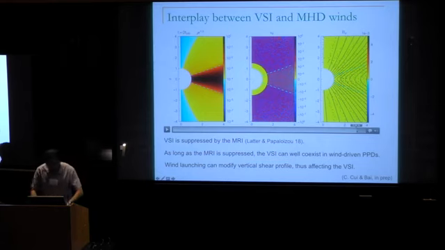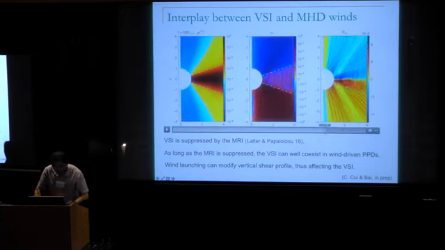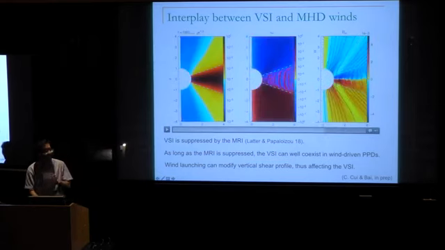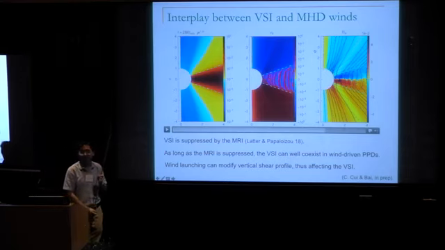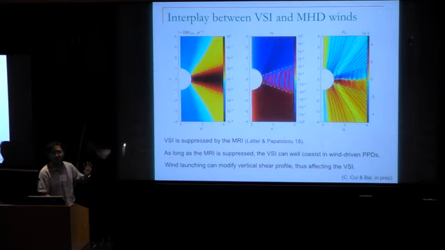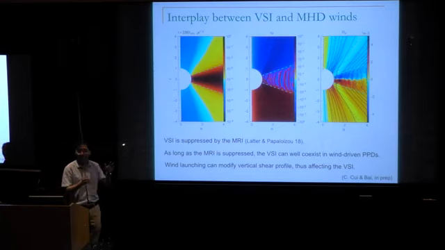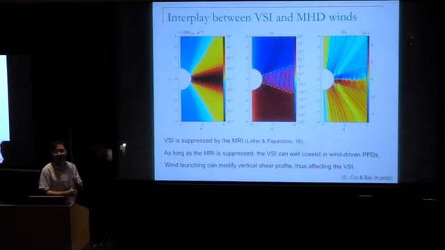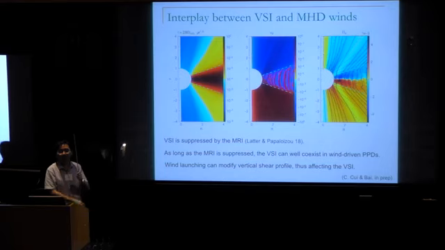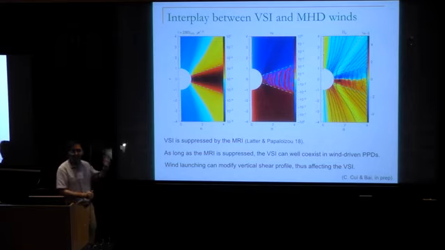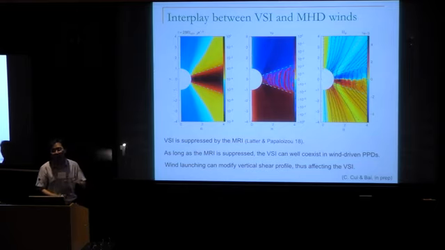Okay, for these simulations, I didn't include Hall. It's pure ambipolar diffusion. I would also call this a numerical experiment. We're playing some tricks to make sure that we are in a reasonably clean environment: a pure ambipolar diffusion dominated regime with a laminar wind, and then you see whether VSI can develop. But of course, eventually we need to do more realistic simulations.